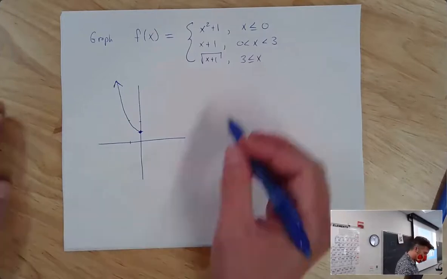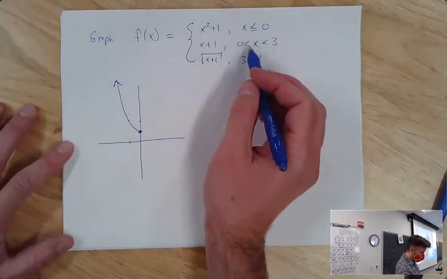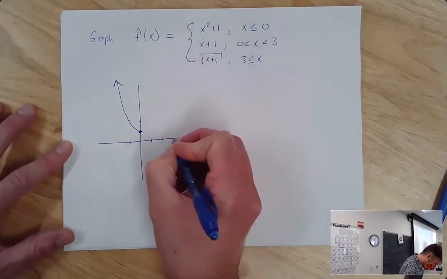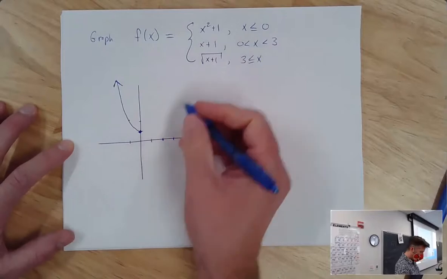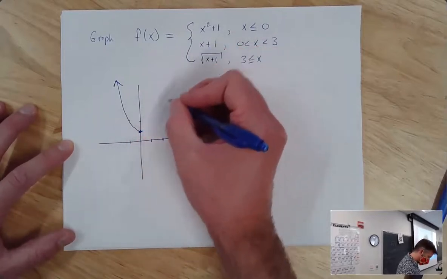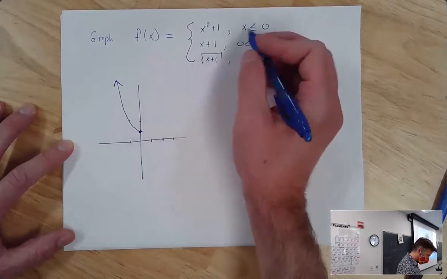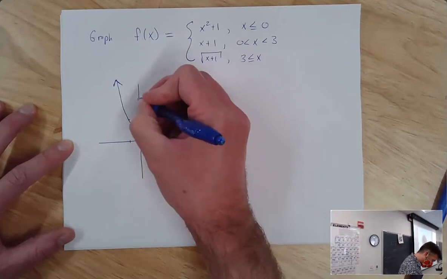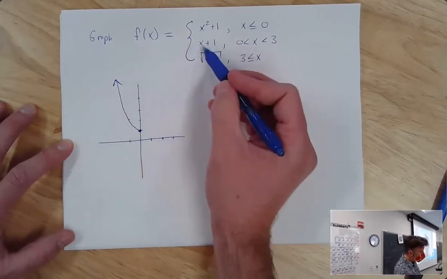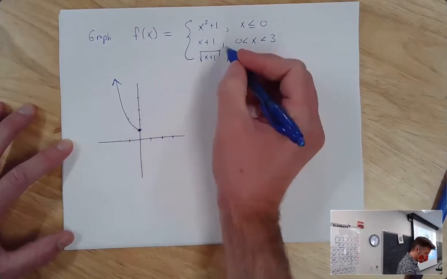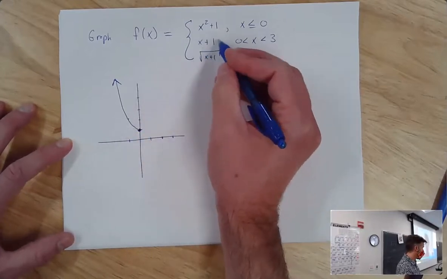And then, well, x plus 1 when x is between 0 and 3. So it's going to be important to see what's happening at 3. I know that y equals x plus 1 looks like this line here. That's going to go this way like that. But I only want between 0 and 3. If x could be 0, I would get the point 0, 1. If x could be 3, I would get the point x is 3 and y is 4.